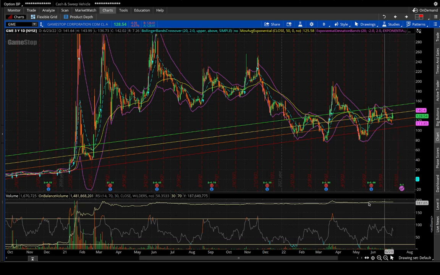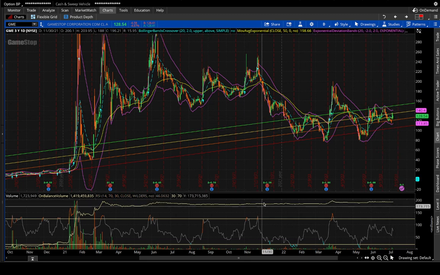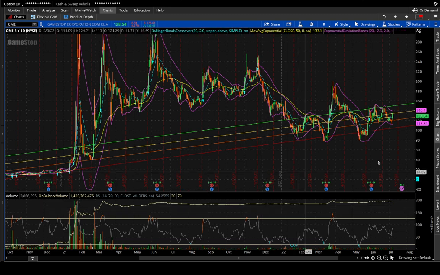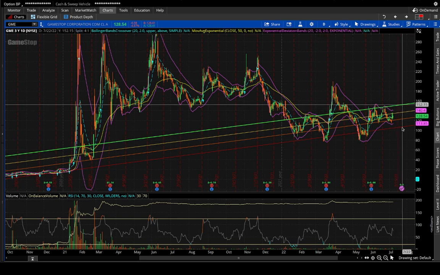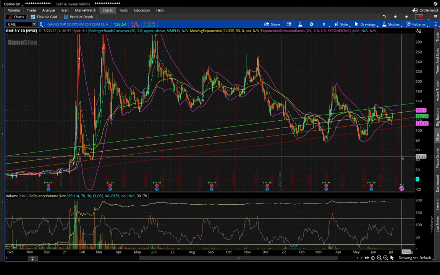And I don't know about you, but if you look at this OBV, it doesn't look like GameStop holders are selling much of anything. So it's not only going to influence more buyers. I myself will probably even be buying post-split, but it's going to give us more of that push and volume without diluting the shares itself.